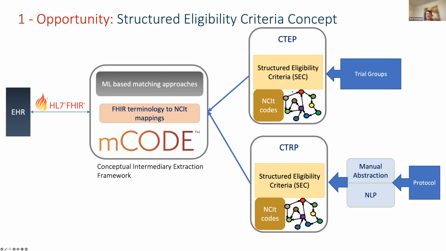And when working with CTEP folks, we are looking at whether we can engage the trial groups to structure these eligibility criteria. The idea is that once that is established, we can potentially develop some type of intermediary systems that will be pulling FHIR and other standards-based data and using ML or other means of matching patients to clinical trials.